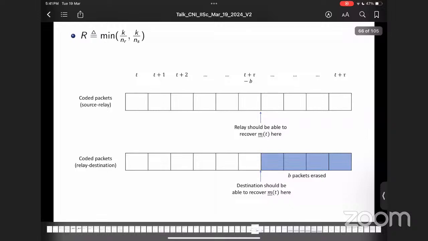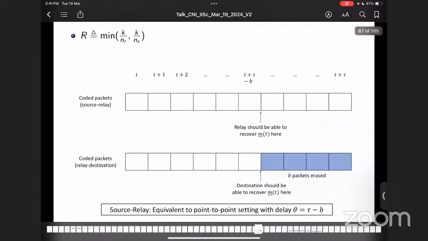So effectively, if you look at the source to relay link, it is equivalent to a point-to-point setting with an effective delay of tau minus B. Because of the peculiar way in which I have arranged erasures in the destination link, the relay should always be able to recover m of t with delay tau minus b, which is theta.